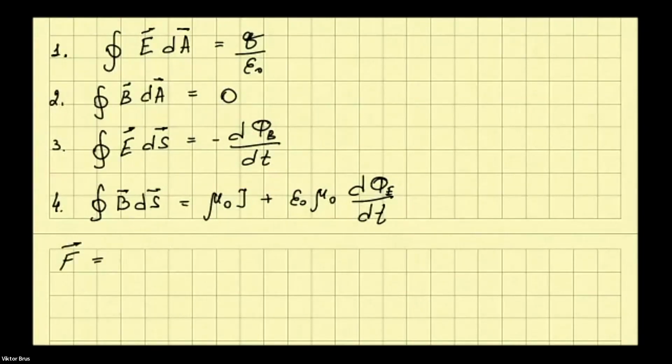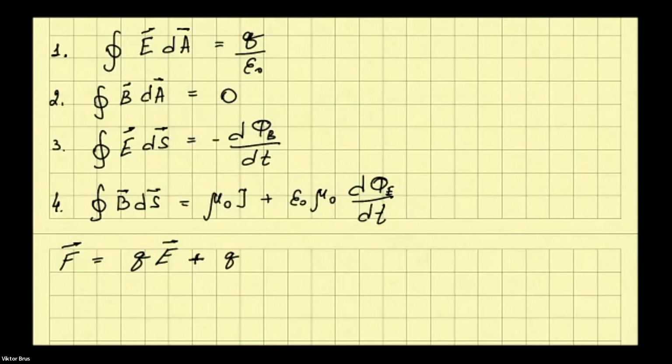The total force which is exerted on an electric charge will be equal to Q times the electric field vector plus this magnetic force. So we have 2 components, electric and magnetic force.